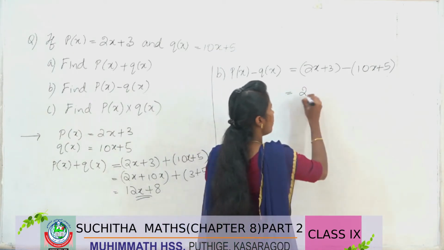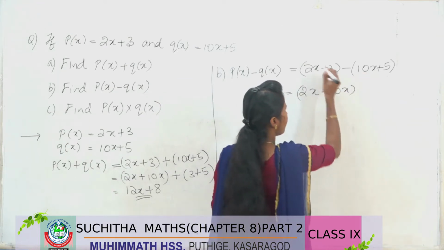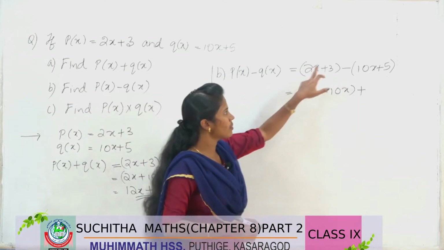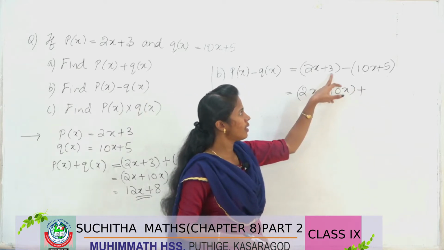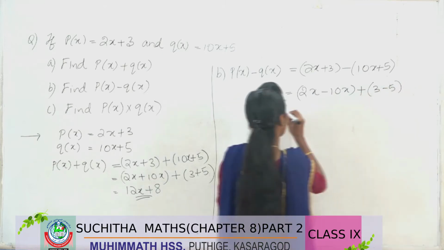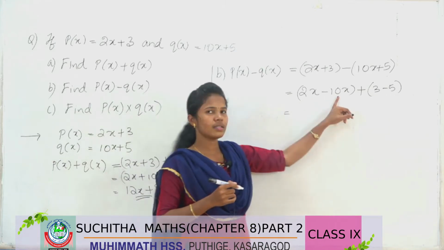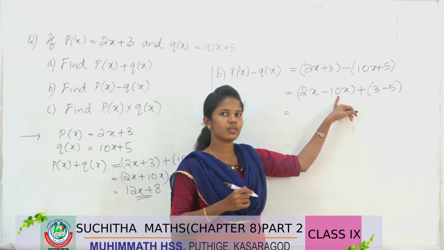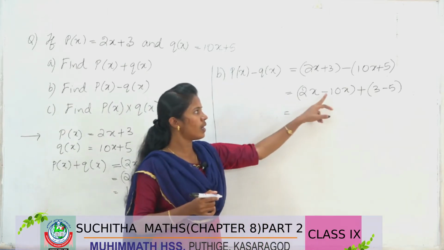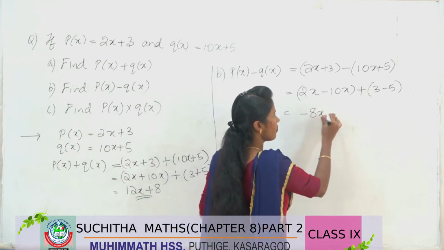So subtract 2x minus 10x, plus 3 minus 5. 2 minus 10 is minus 8, since 10 minus 2 is 8 and the sign of the larger number is negative, so the answer is minus 8x.